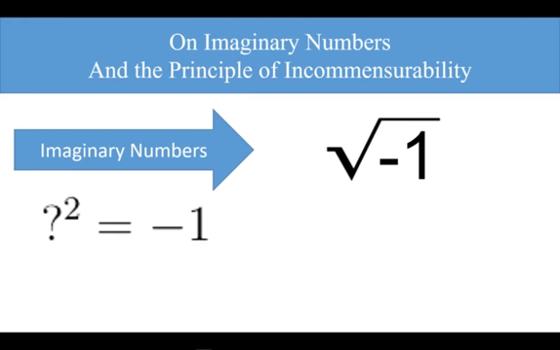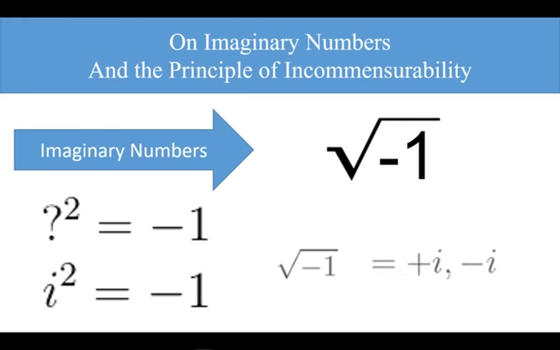Historically, to get around this problem, the powers that be created an imaginary entity and called it i, for imaginary. And then they wrote i squared is equal to -1. Technically, this is true. However, there are actually two solutions to the square root of -1, positive i and negative i.